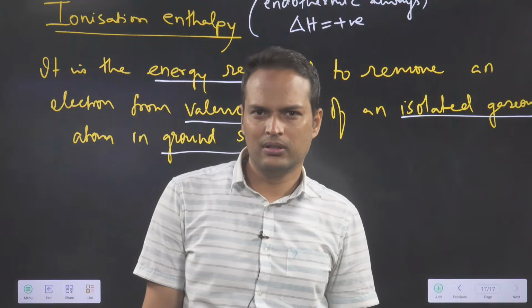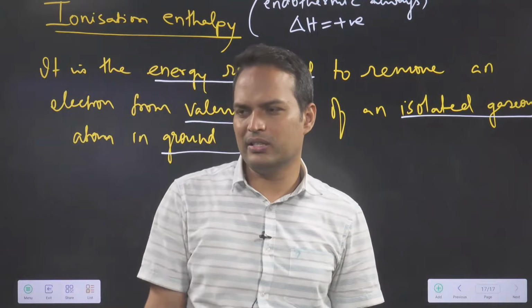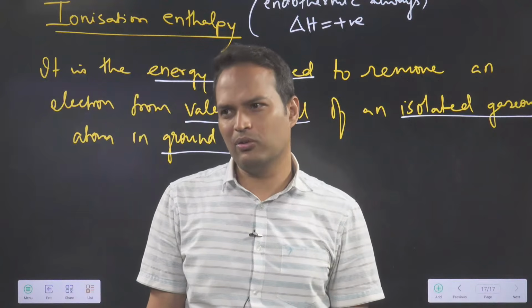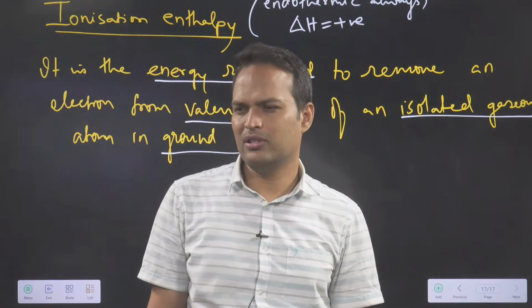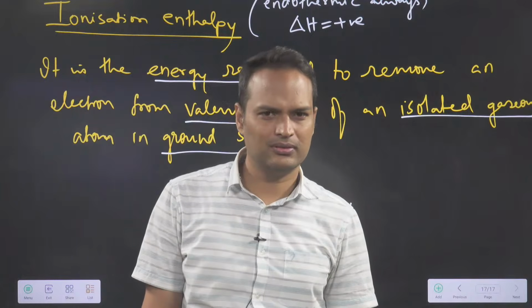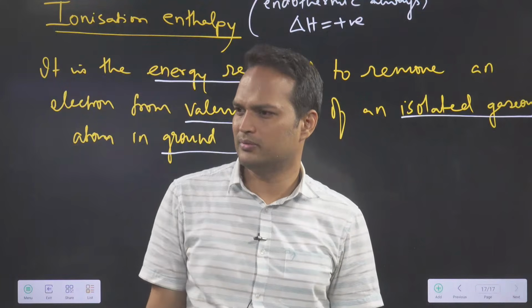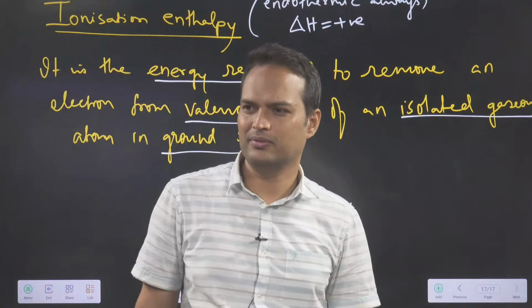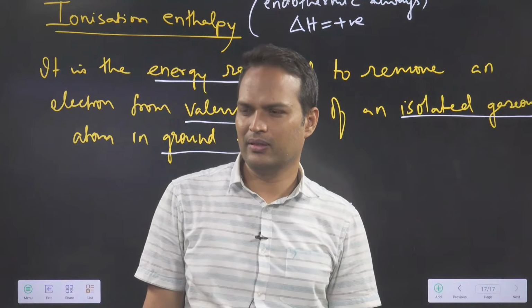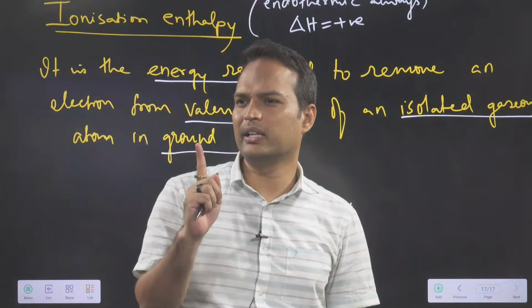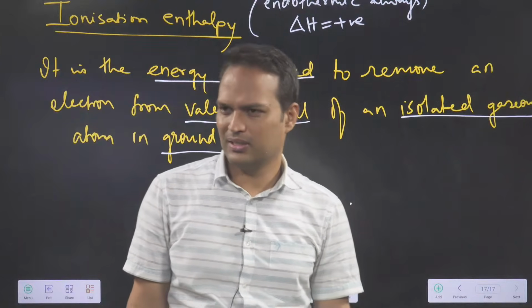Tell me. Will I beat him when he is with his friends, 10 friends are there, he is sitting in the middle and I go and beat? Foolish people. No. I will find one place where he will be alone. No one is there. Then I will beat him. Isolated case. ठीक है ना?